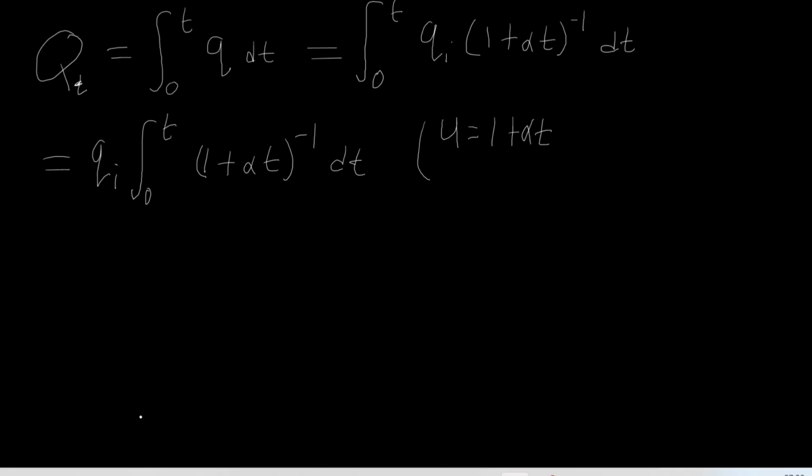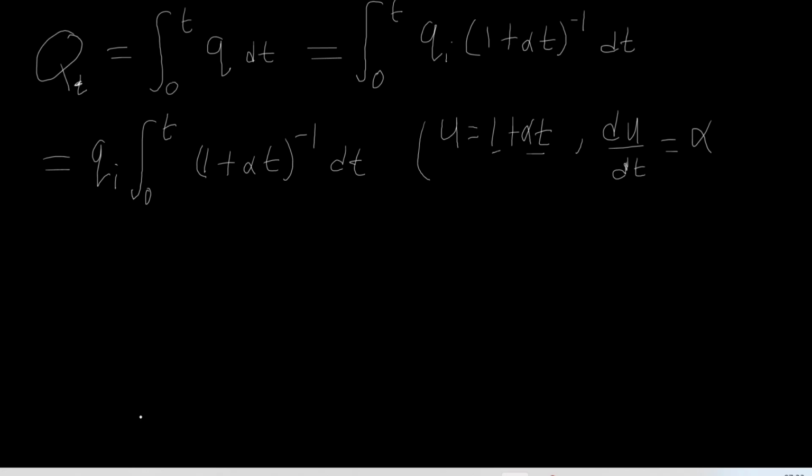When you differentiate this, du over dt, the answer is alpha. If you differentiate 1, you have 0. If you differentiate alpha t, you have alpha.